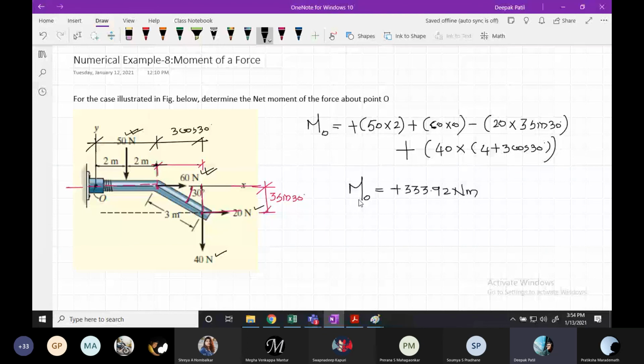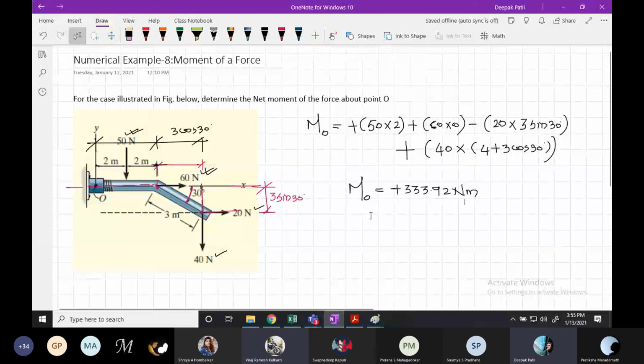Any different answers you are getting, students? Have you understood this example? Is it clear? Yes, sir. So you're getting the same answer? Yes, sir. Okay.